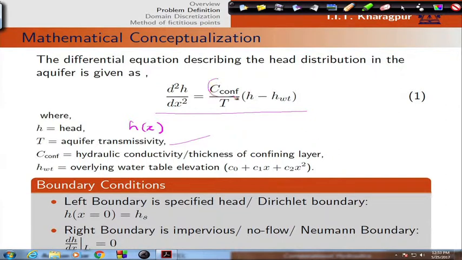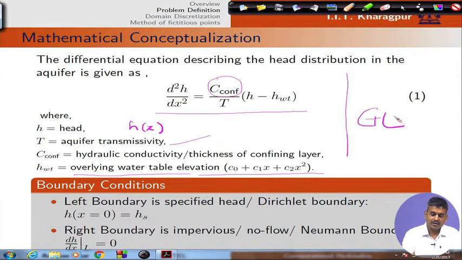This is related to the confining unit, and HWT is the overlying water table elevation. So, this is our governing equation, or GE.